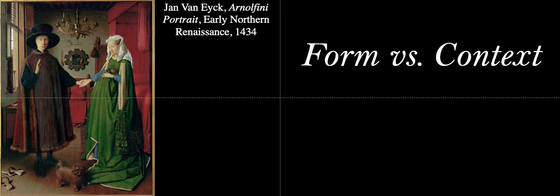But it's through an analysis of that form, of the things that we see, that we're able to get to the history part, the meaning part that art history is really about. That's what we'll talk about in the course of this class, both what we see and what that means.